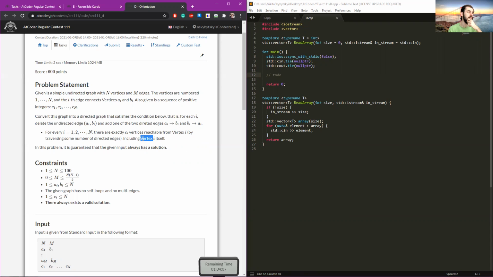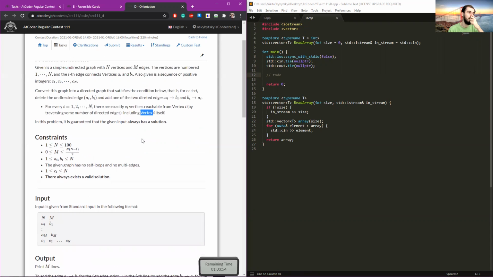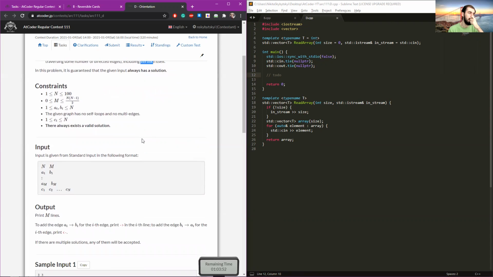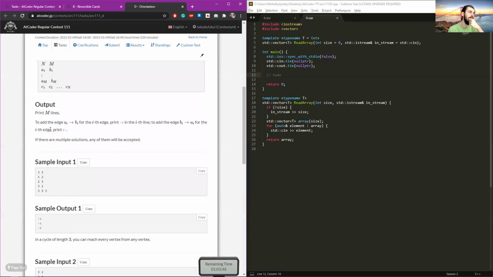Okay, so obviously, or wait, we can have something like a loop, a cycle. It's okay. The output format is very strange, but whatever.